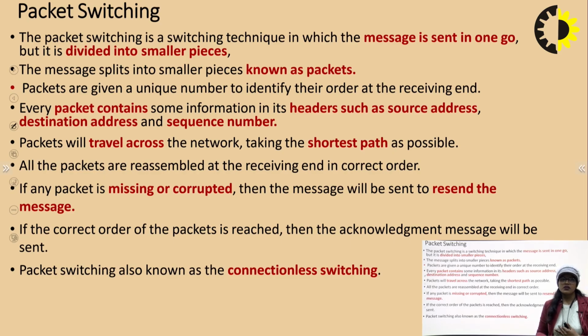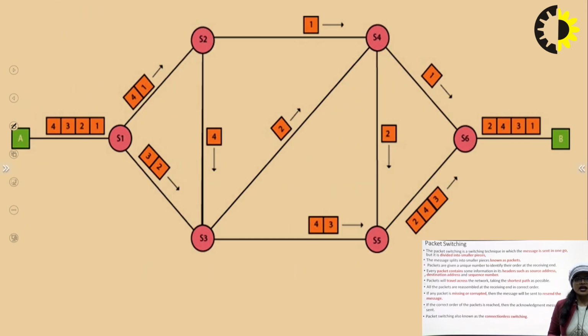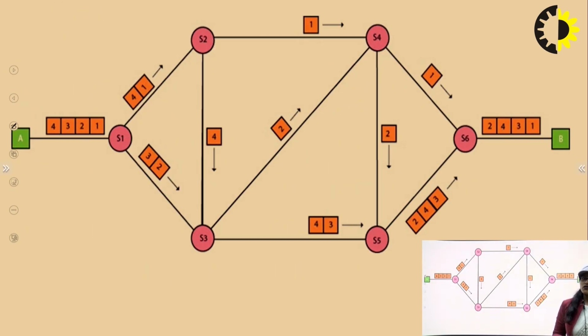If any packet is missing or corrupted, the message will be resent to the receiver, because if a packet is lost, then definitely we will resend that particular message. Packet switching is also known as connectionless switching. It works in two different approaches: one approach is for connection oriented, and another approach is for connectionless. So this is the concept of packet switching.